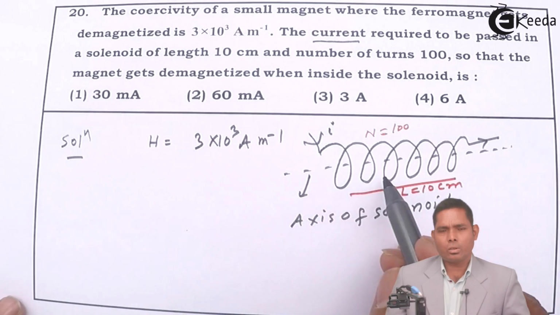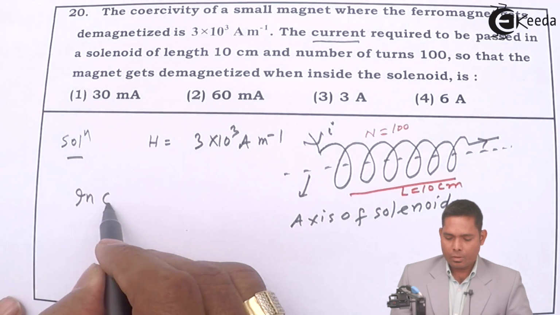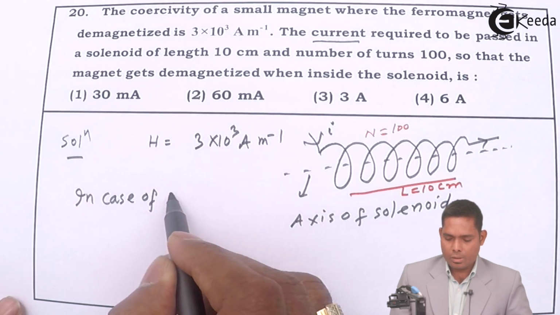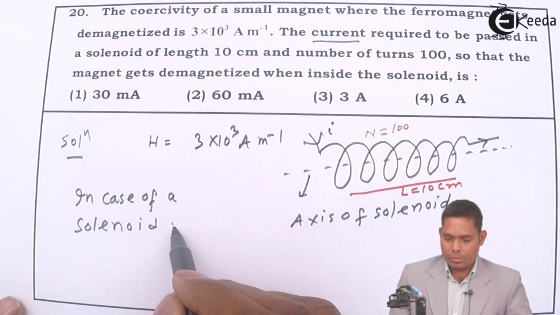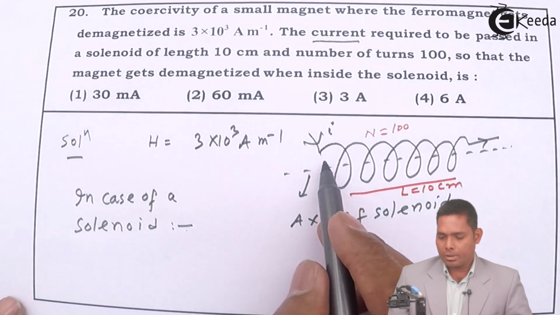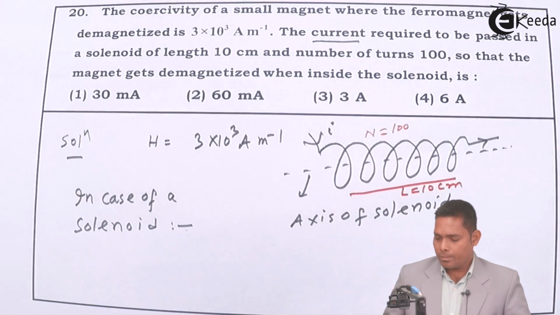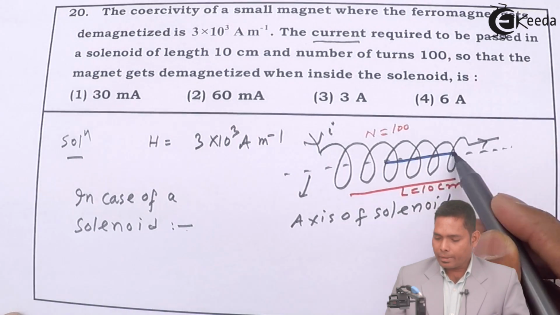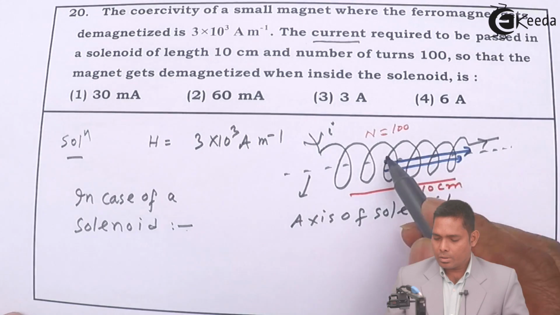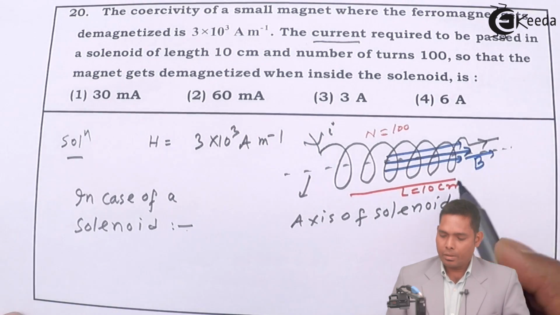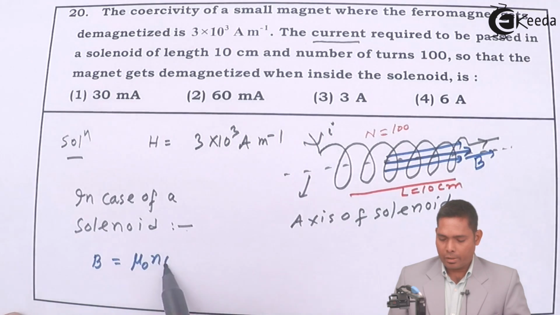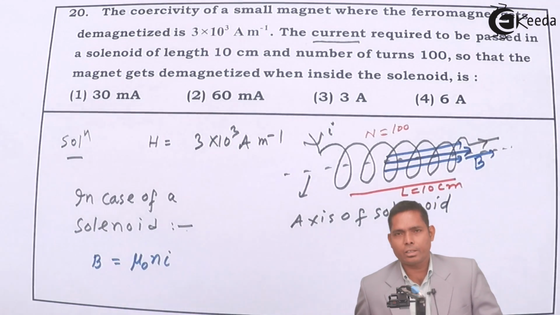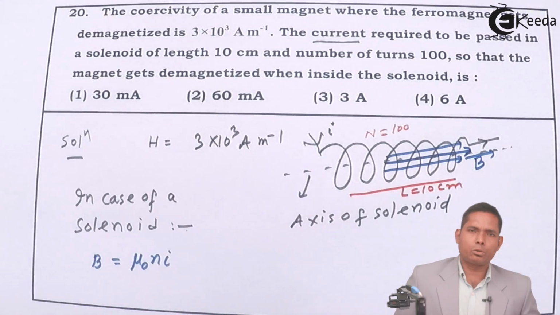In case of a solenoid, we know that if current I passes through this, the magnetic field produced inside the solenoid in this direction is given by B equals mu naught N I. This is the magnetic field inside the solenoid, which is supposed to be uniform.